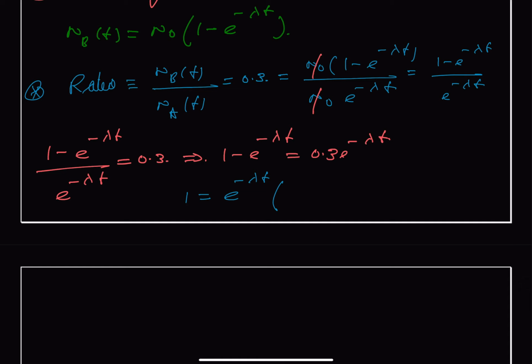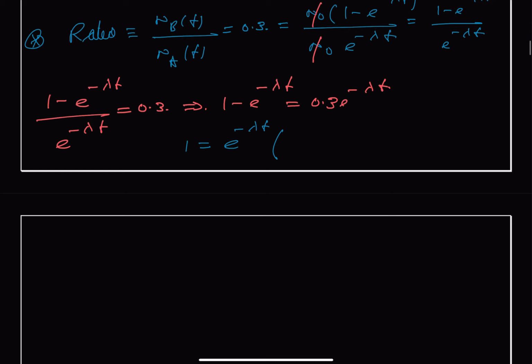Okay, let me write it in another way. We can write this as 1 minus 1 upon e raised to power lambda t divided by 1 upon e raised to power lambda t is equal to 0.3.